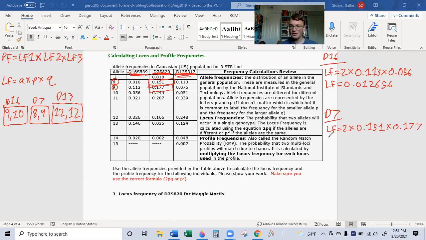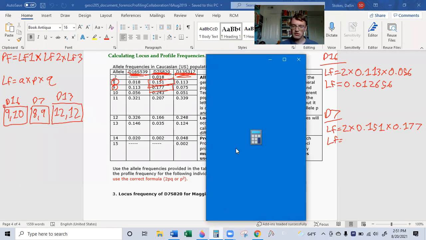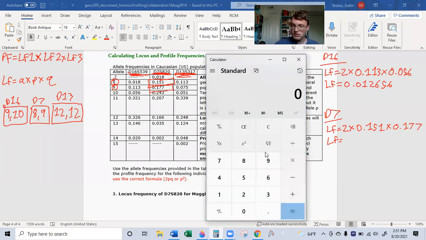So we multiply those together using the calculator. Two times 0.151 times 0.177.